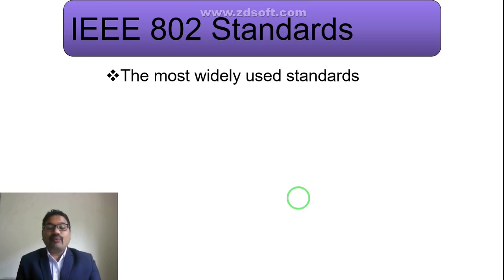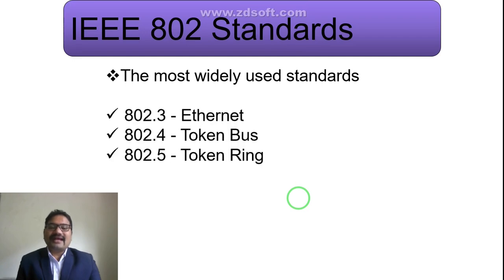The most widely used standards for LAN connections are 802.3 Ethernet, 802.4 token bus, and 802.5 token ring.